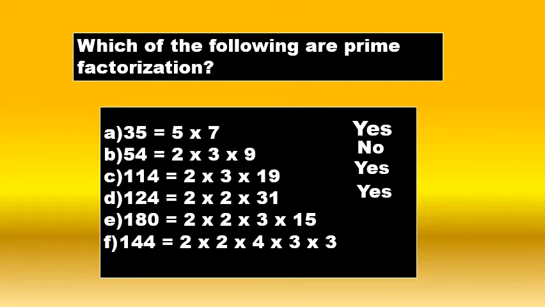Out of these, 15 is not a prime number, so it cannot be the prime factorization. So it is no. Now the last is 144 and the factors are 2, 2, 4, 3 and 3. Out of these, 4 is not a prime number, so it cannot be a prime factorization. So it's a no.